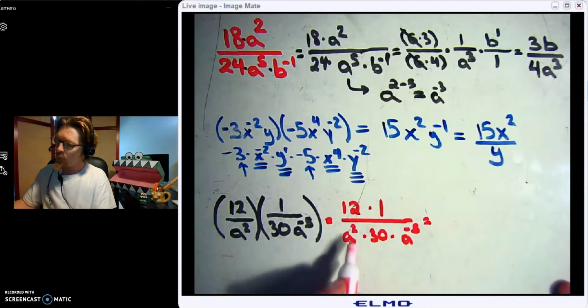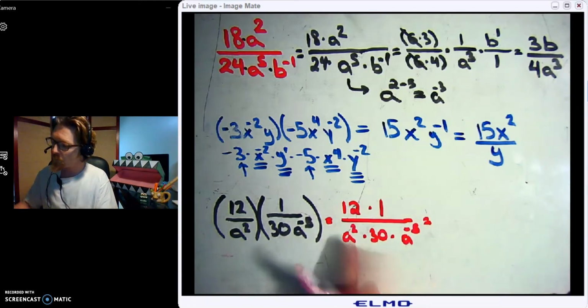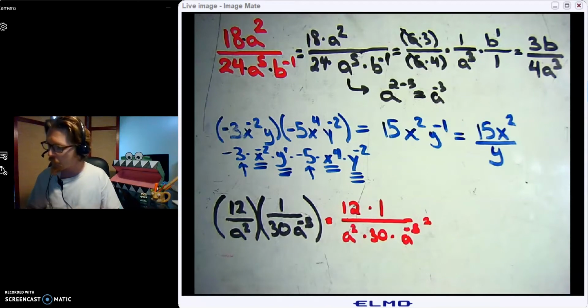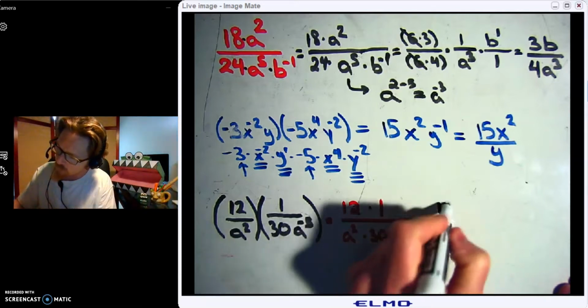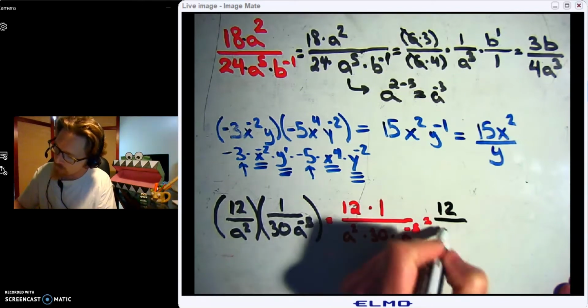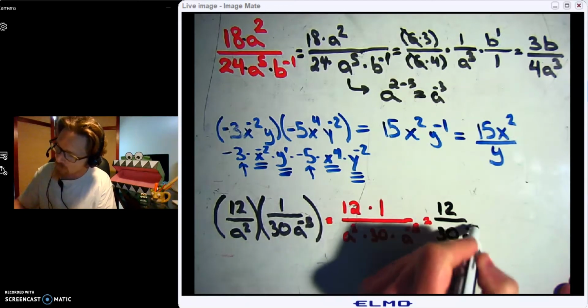Now, down below in my denominator, I have like bases with different exponents, so I can add those exponents. 2 plus negative 5 is negative 3. 12 times 1 is 12. The 30 is still in the denominator, but this is now a to the negative 3.